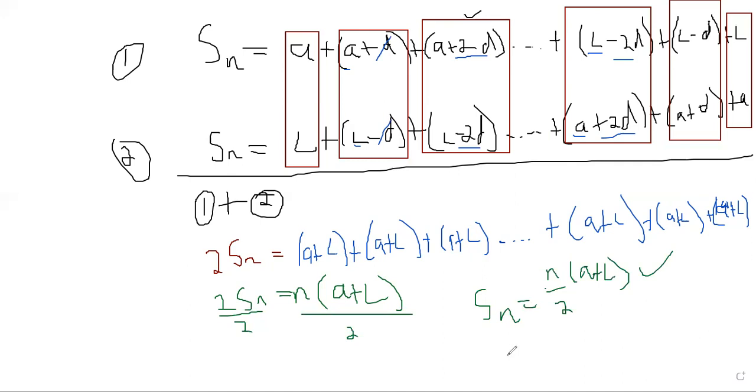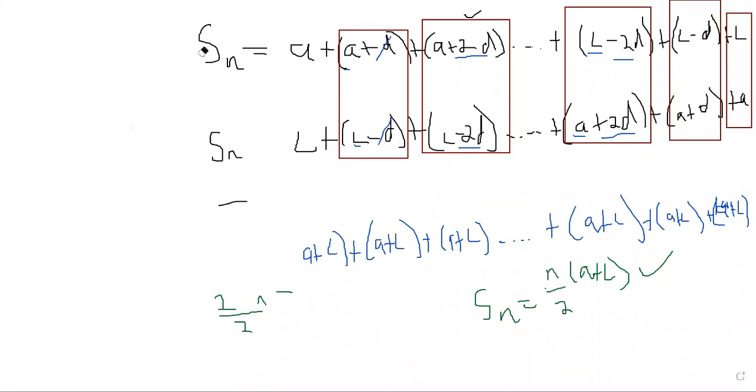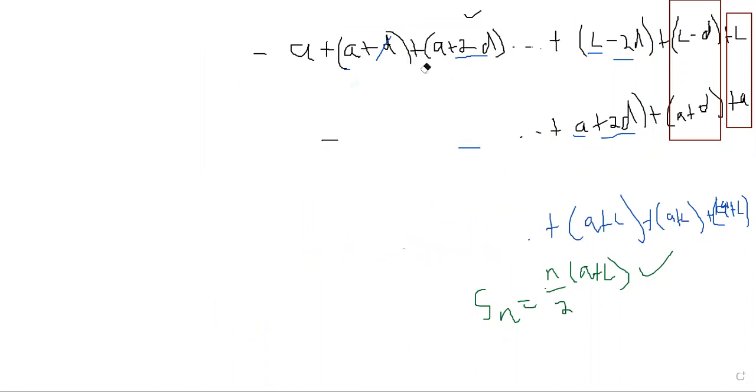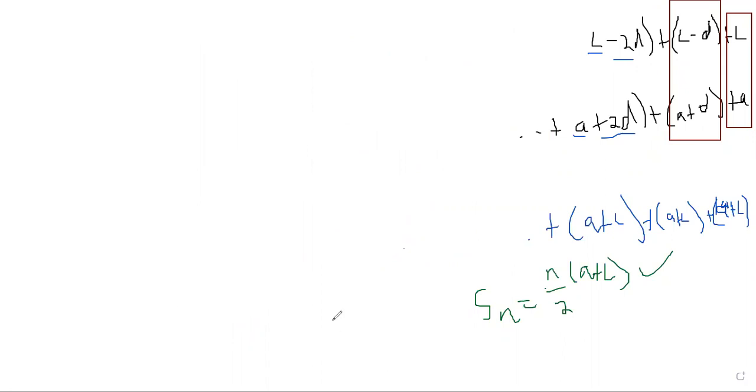Let me erase, you take a screenshot. But what do we remember? Remember the first thing I told you before we even came to finding the equation. I told you that the last term for the arithmetic is the same as Tn, which is a plus (n minus 1)d, right?